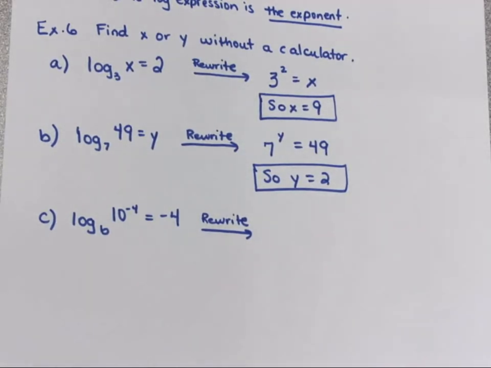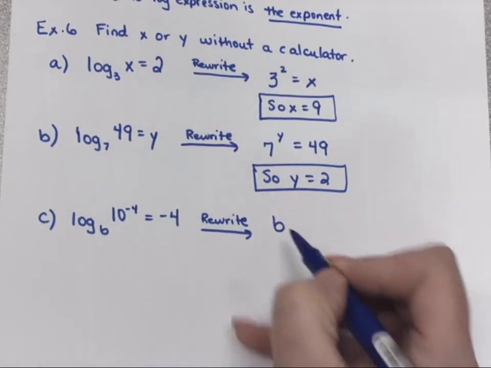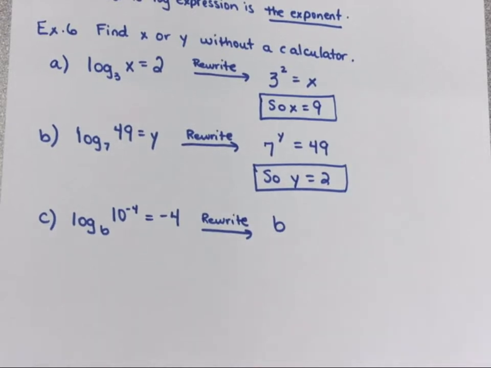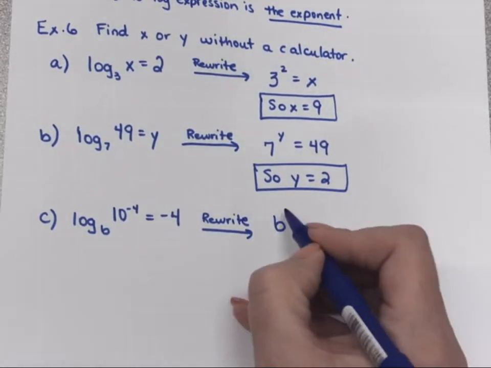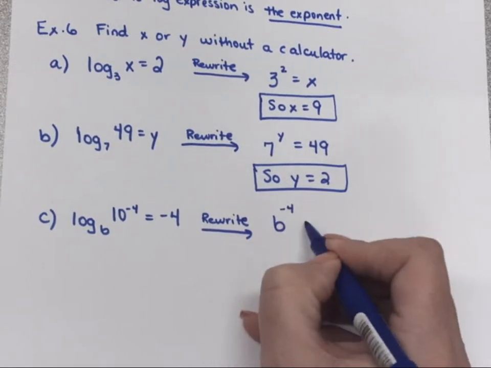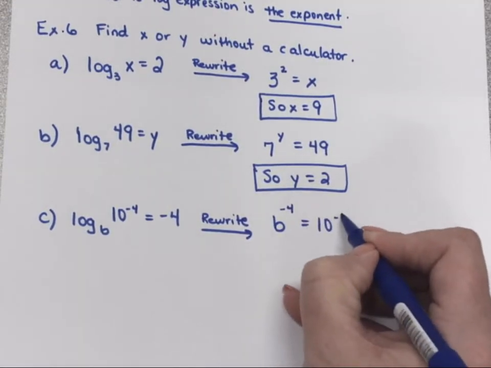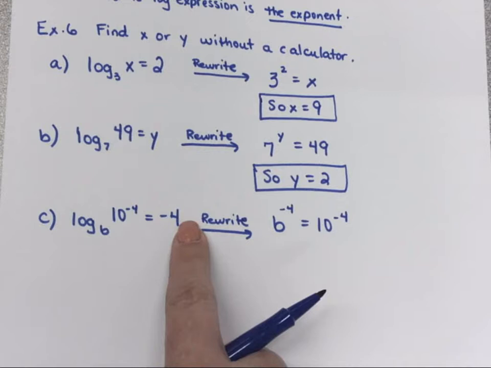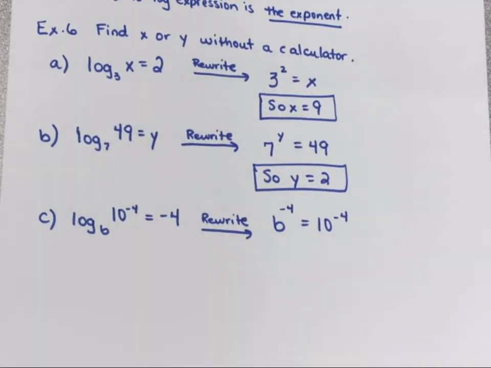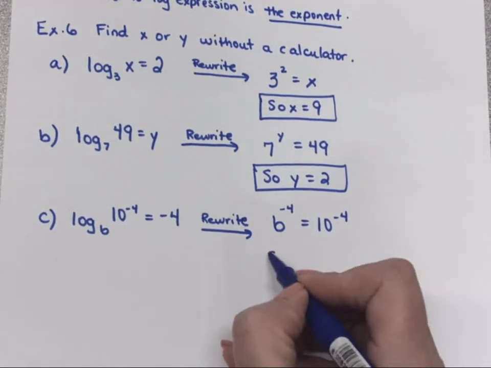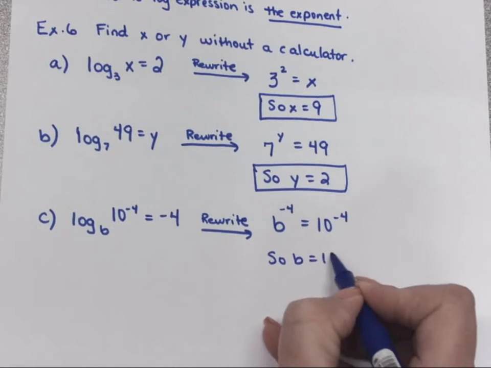The base stays the base, right? Where does the negative 4 go? In the exponent. Notice I do them out of order, but I'm doing them in order over here. So I always do base to this power equals this. And then honestly, this is kind of a goofy question, right? What to the negative 4th power would equal 10 to the negative 4th power? So what would b have to be so that they would match? Yeah, b is just 10.